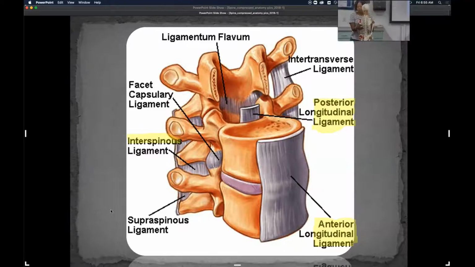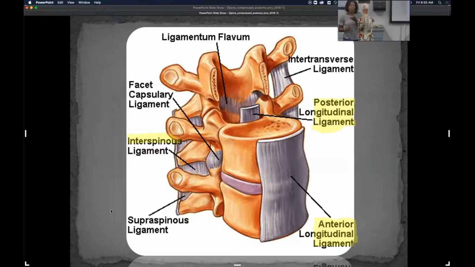What we know about the PLL and the ALL is that they are preventative ligaments, right? Just think, what is the role of a ligament? It's to hold a bone to bone, right? It connects a bone to a bone. So in this case, the anterior longitudinal ligament and posterior longitudinal ligament are going to be major stabilizers in holding our spinal bodies together.